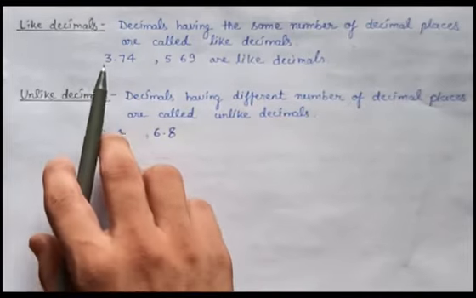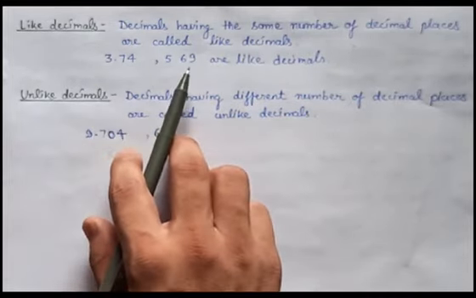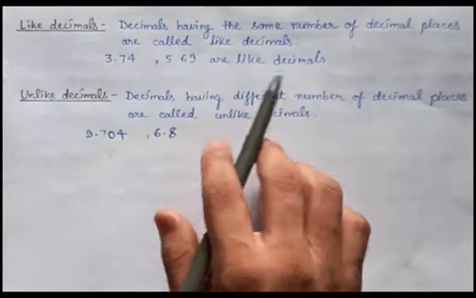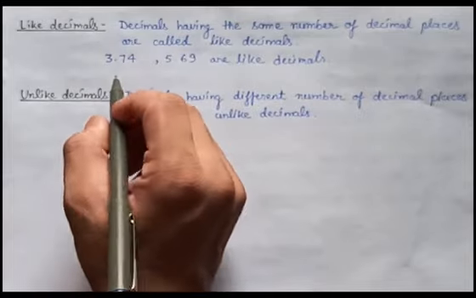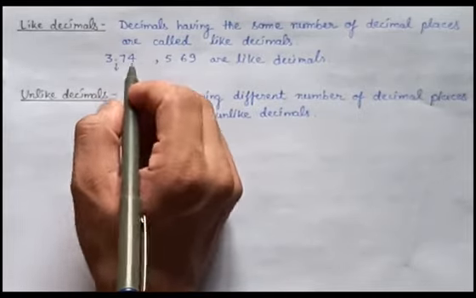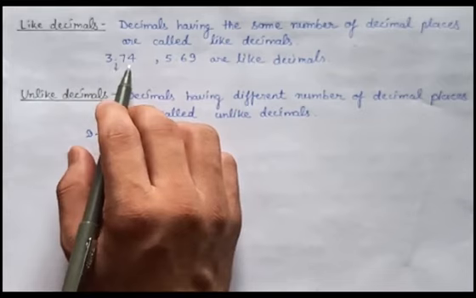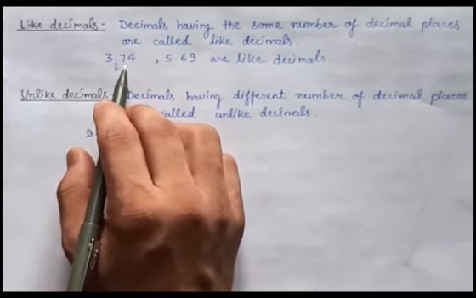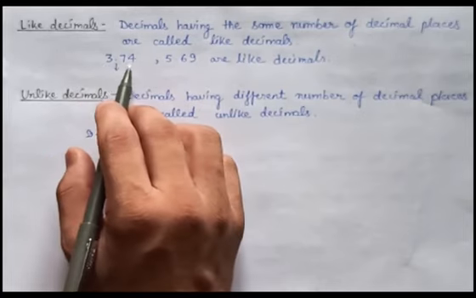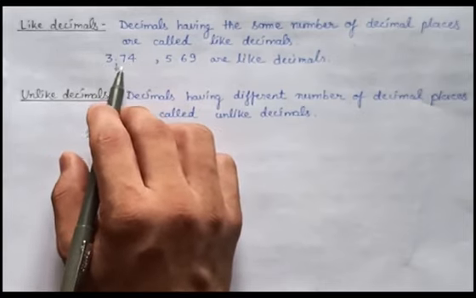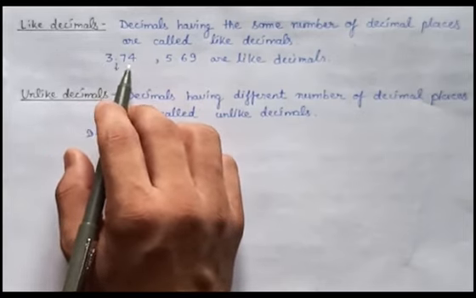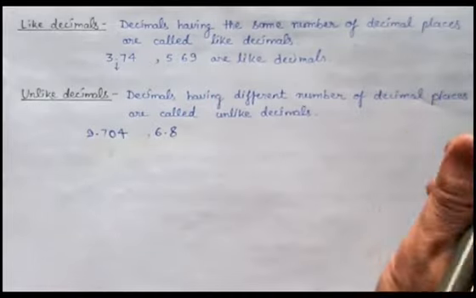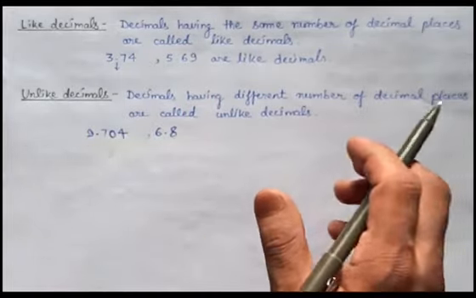Let us see. 3.74 and 5.69 are like decimals. Why? Because in this example 3.74 you can see this is the decimal point, and the right side of the decimal point, that is 74, contains 2 digits. It means we can say the decimal part of 3.74 contains 2 digits. Hence, this decimal has 2 decimal places.